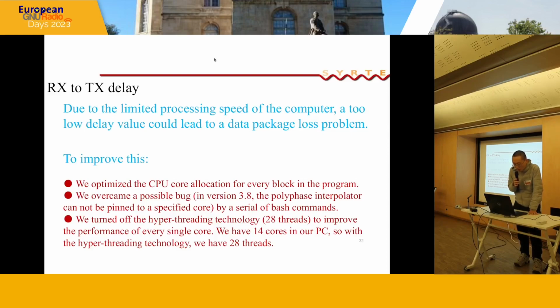The third is that we turned off hyper-threading technology, which would make our computer have 28 threads even though it has only 14 cores. So it improves the performance of the single core.